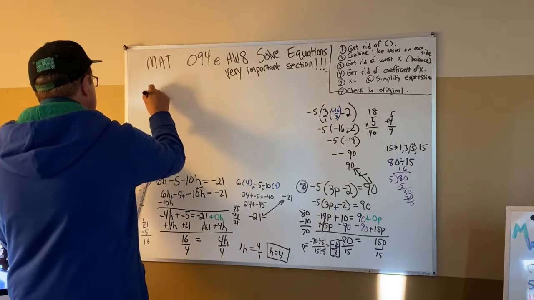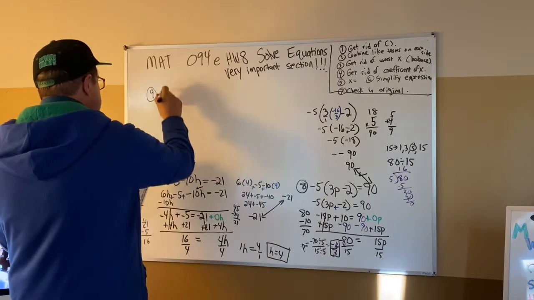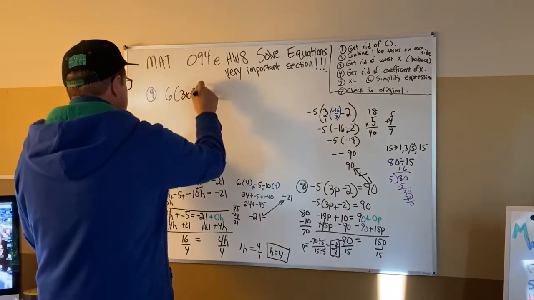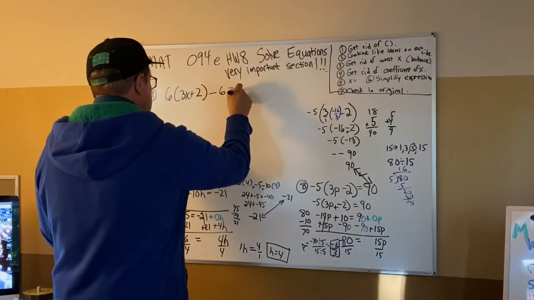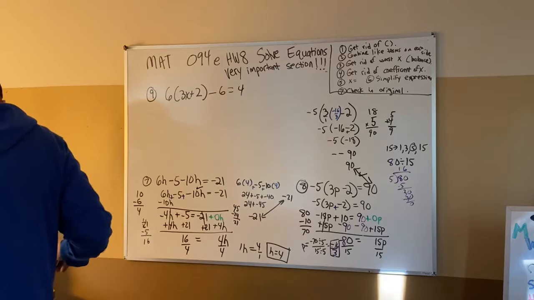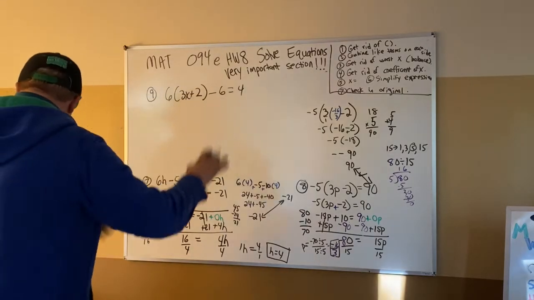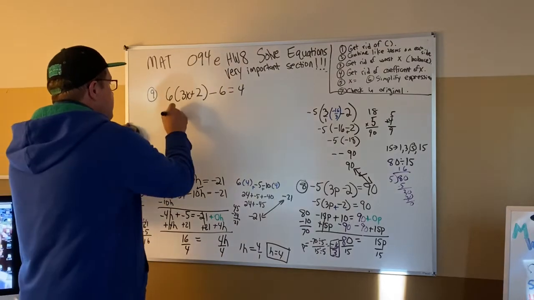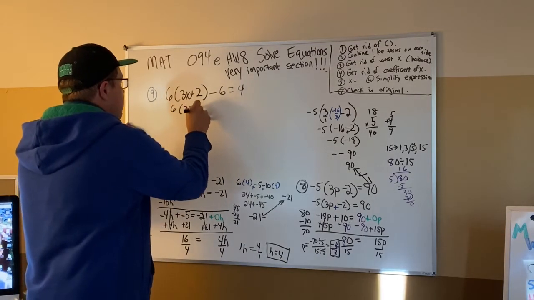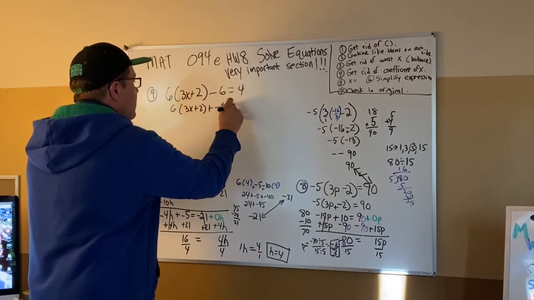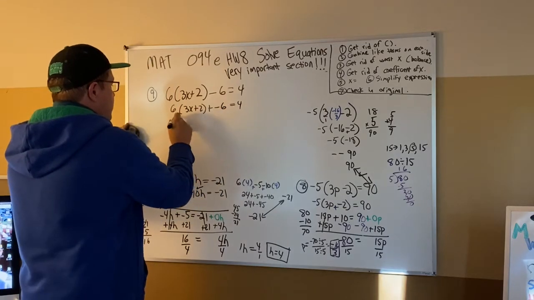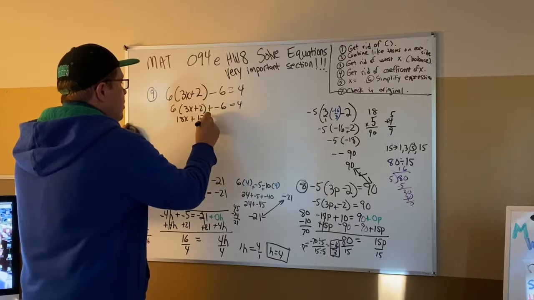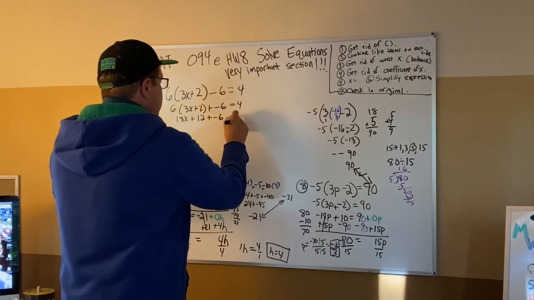Okay, let's try this one. 6 times (3x plus 2) minus 6 equals 4. Now over there equals 4, we've actually got a target for this one. So let's see what we got here. 6 times (3x plus 2) plus negative 6, that equals 4. Then we'll multiply the 6 by 3 for 18x, plus the 6 times 2 for 12, plus negative 6, still equals 4.